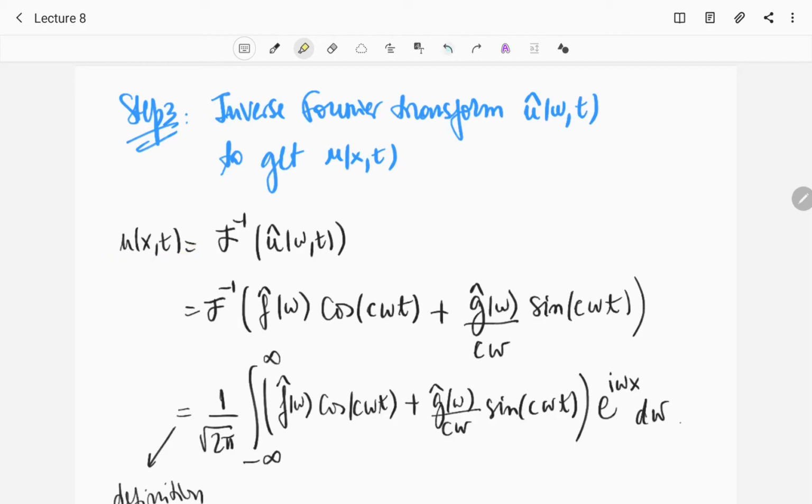U of x t is exactly the inverse Fourier transform of the Fourier transform of u in omega t. And now, well, we know who this is. It's just the one that we got in step 2, so we just copy that.